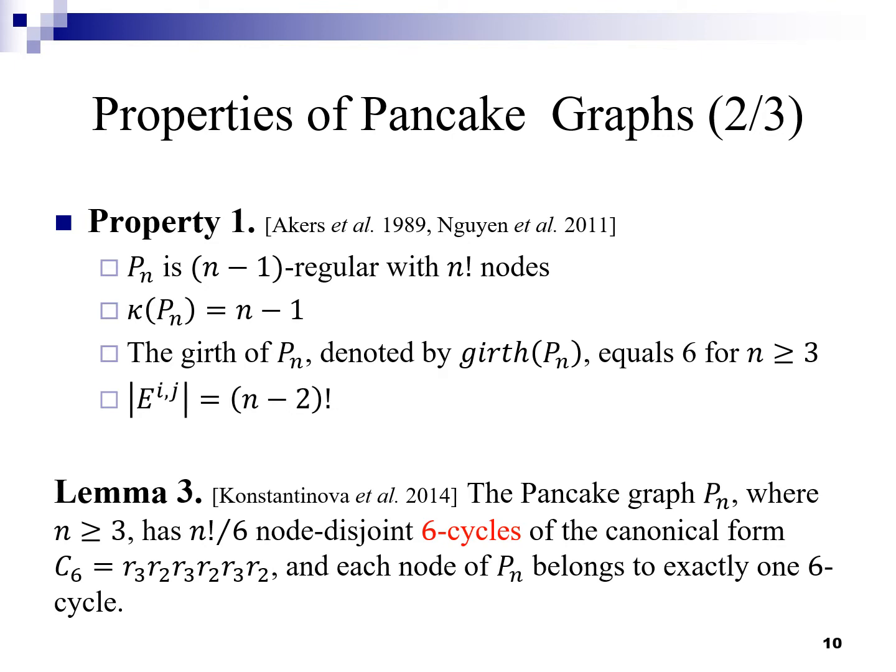Third, the girth of P_n equals 6 for n at least 3. The fourth is that the number of common edges between any two sub-Pancake graphs equals (n-2) factorial.